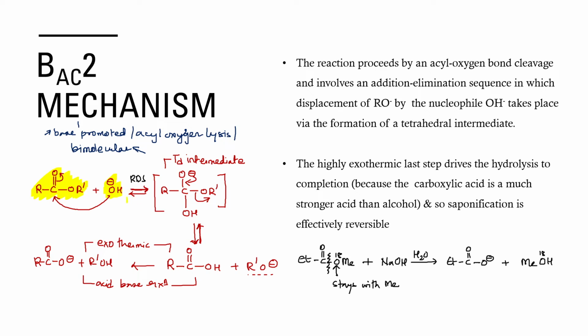So if this is an elementary reaction and 2 entities are involved, then the molecularity will be 2 or it will be a bimolecular reaction. Also the order will be 2. ठीक है? So ये हो गया BAC2 mechanism. हम बेस कैटालाइज जितने मैकेनिज्म उसको हम पहले खत्म कर लेते हैं and then we'll move on to acid catalyzed. We will also look at why a certain mechanism does not take place.